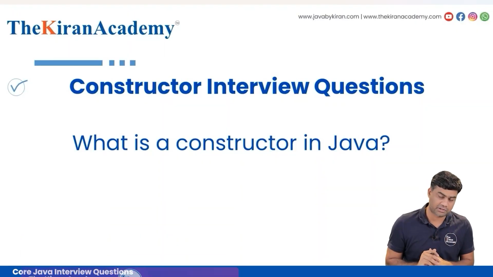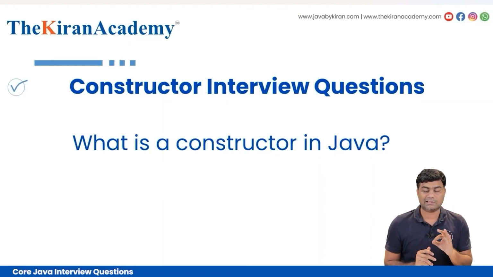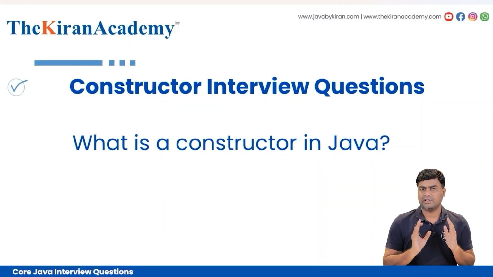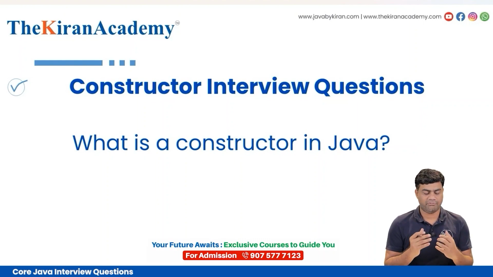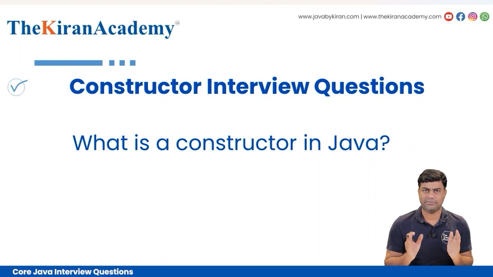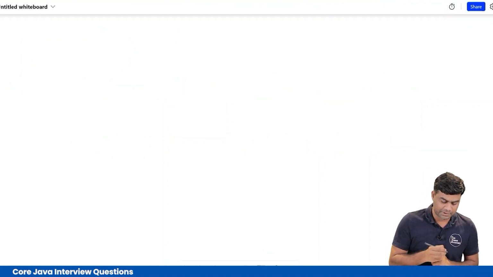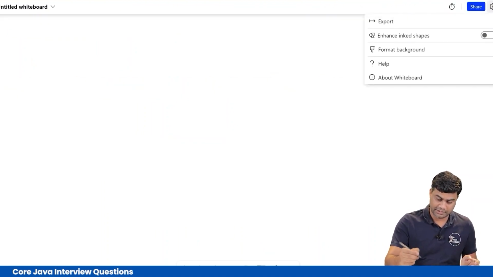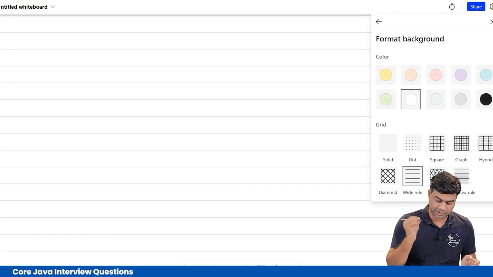So the first question here on the screen, what is a constructor in Java? Very basic. Constructor is a special method which doesn't have a return type and has the same name as that of the class. Let me show you an example just to make things clear before going to the next questions.